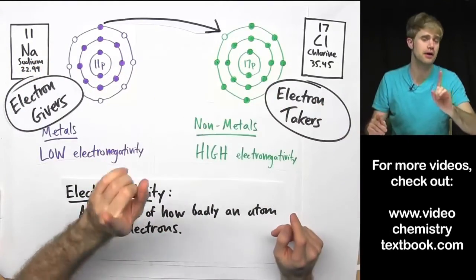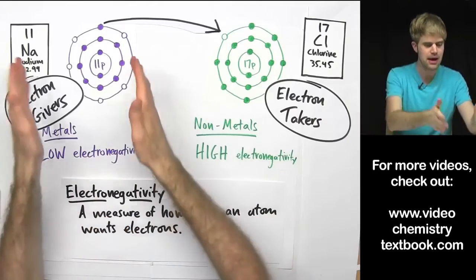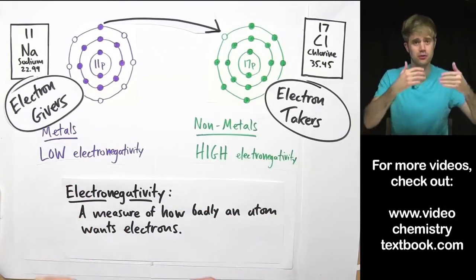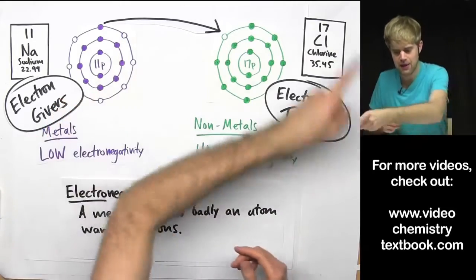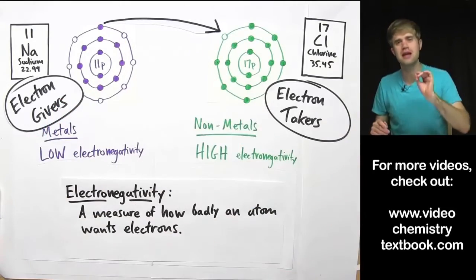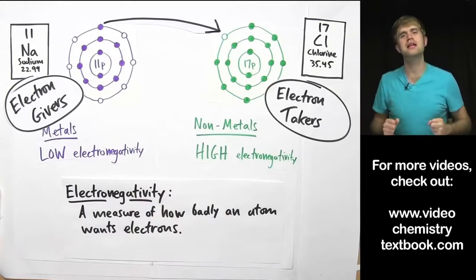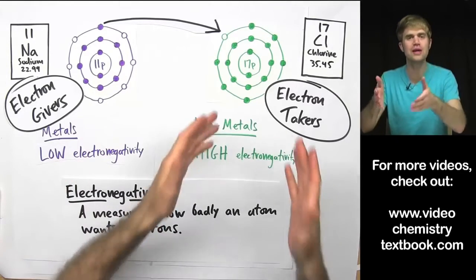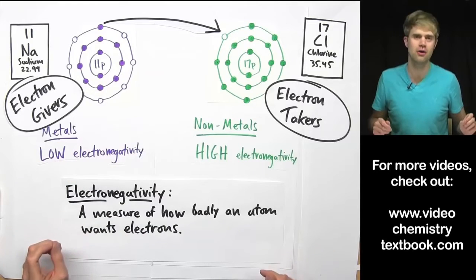And because of that, the metals always become positively charged because they lose electrons, and the nonmetals always become negatively charged because they gain electrons. It's all about electronegativity, the greediness of an atom for electrons.